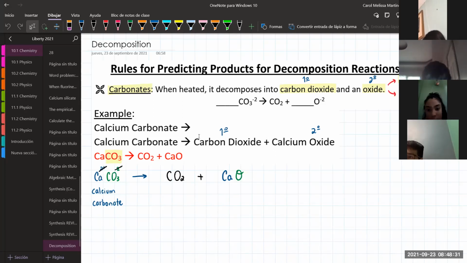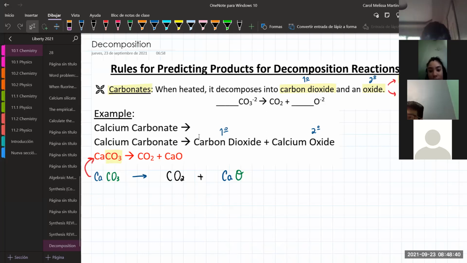This is the product that is formed. This is the equation that you have above. Okay? So this is how you work with it. Following the rule, producing CO2 and oxide. What oxide depends on the metal that is in the reactant. So calcium oxide it is.